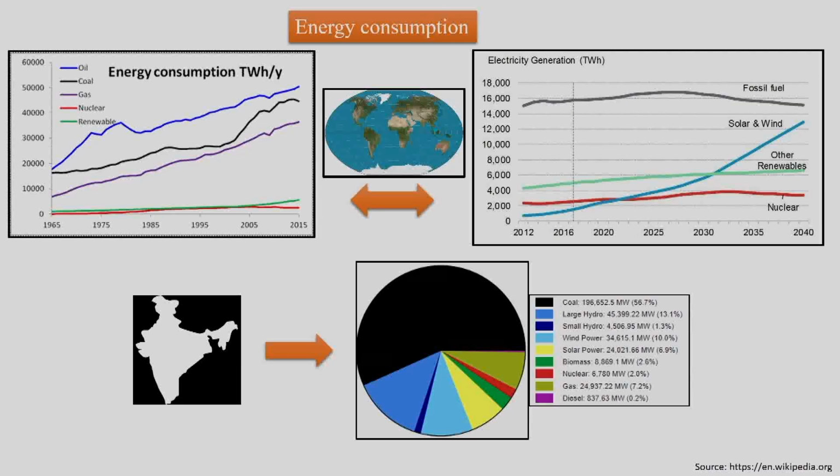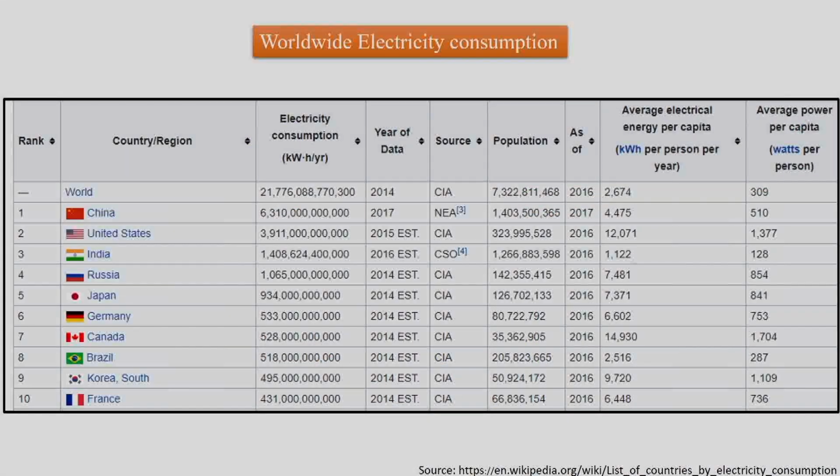The same situation across the world can be seen for India, where the prominent energy source is coal, and then we have small and large hydro power plants. We will have further gas, nuclear and diesel engines for consumption of energy. If we see worldwide electricity consumption, the first slide was more about energy consumption, this slide is more about electricity consumption.